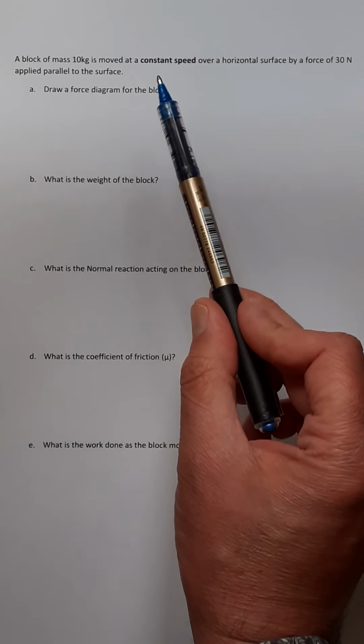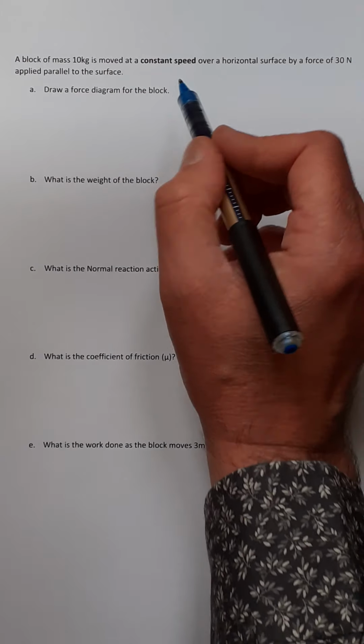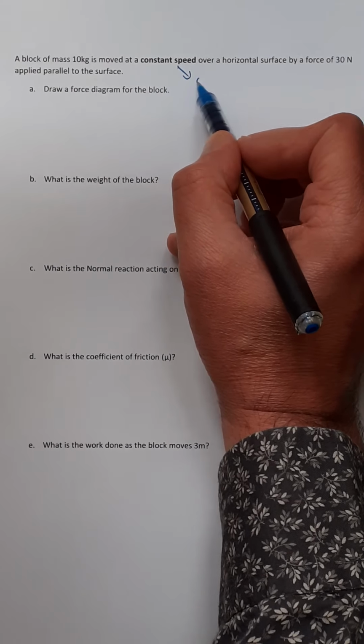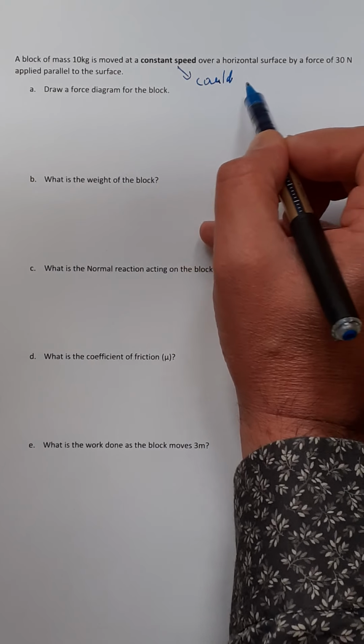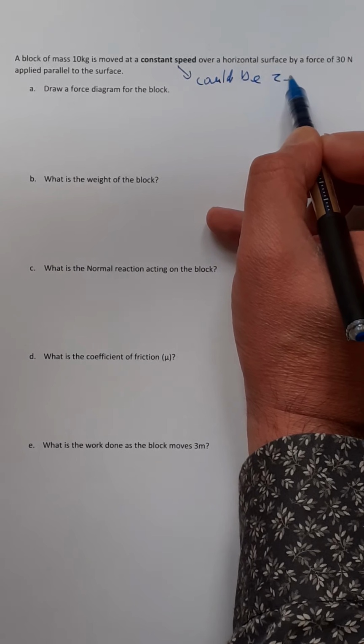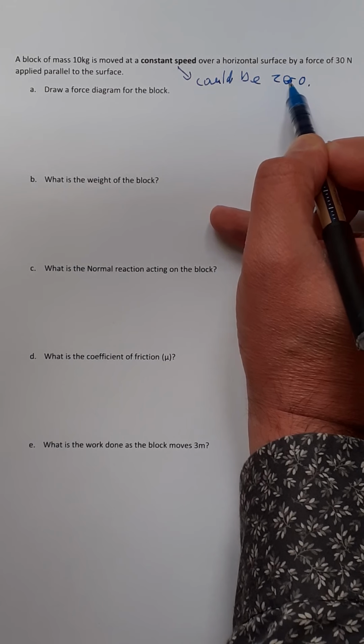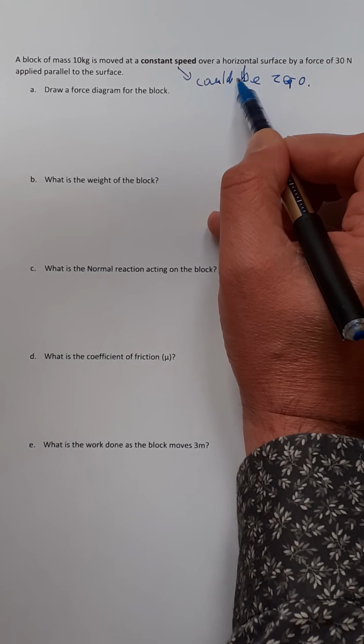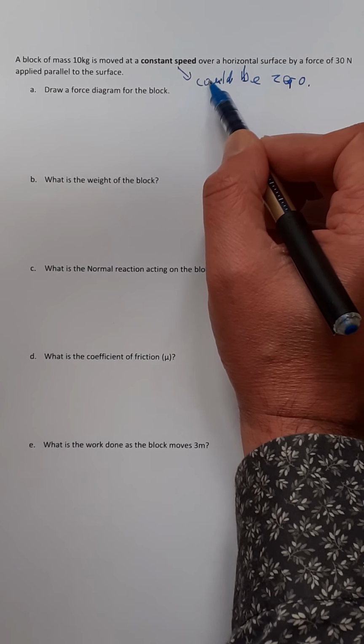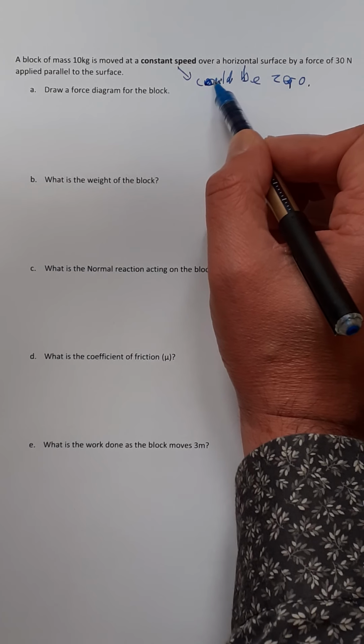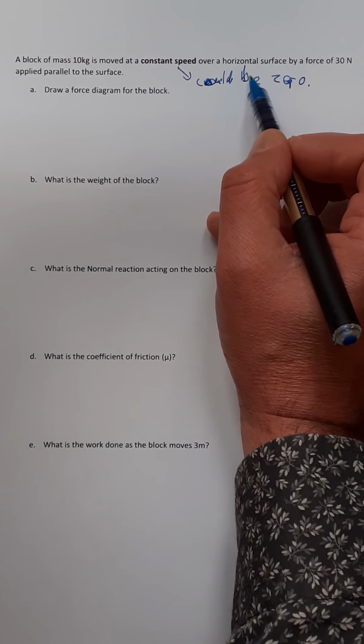Second question that I'm going to go at, and I'd like you to have a go at on the worksheet with the answers, is where something's moving at a constant speed. Now, where we say constant speed, this could be 0. Okay, so this block could just be sitting there, ready to start moving. Okay, it's feeling a force from the side, but the speed could be 0.